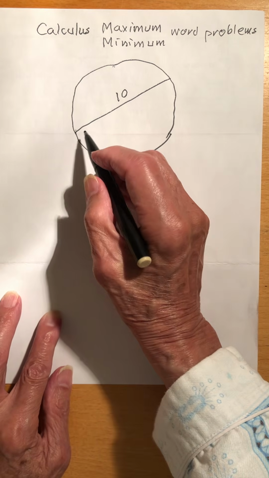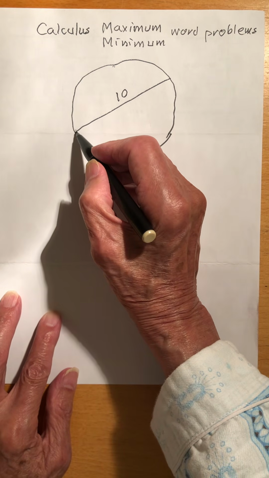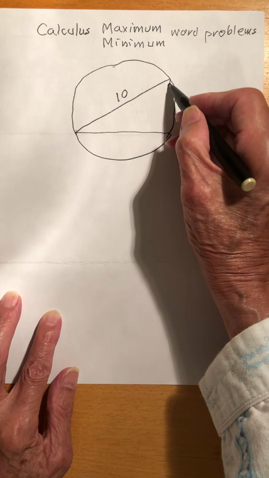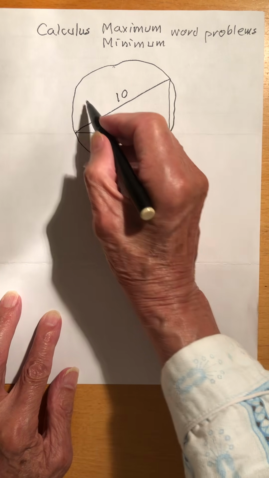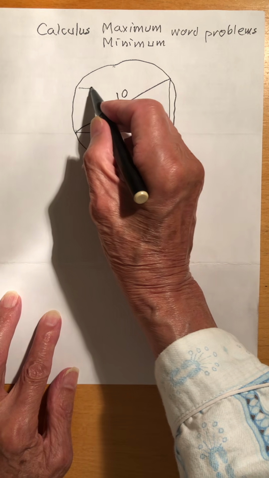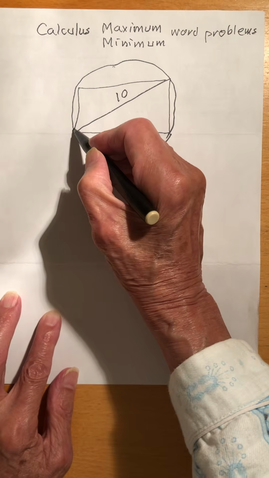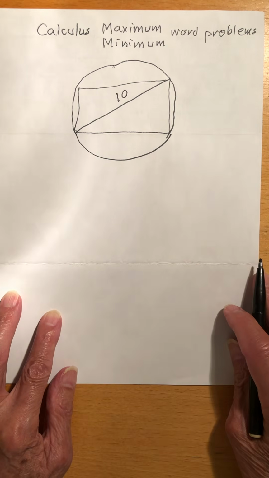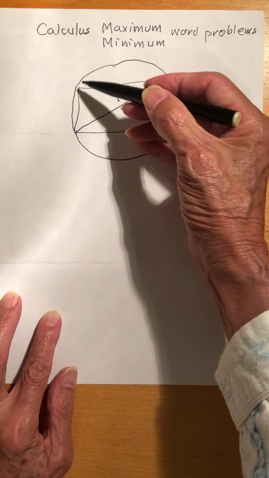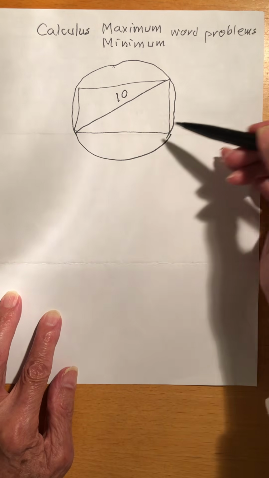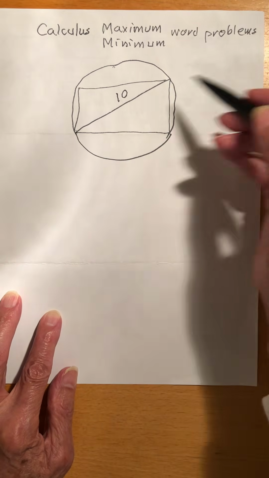Now let's draw a rectangle. So I draw a rectangle. This is any rectangle as long as the four corners touch the circle.